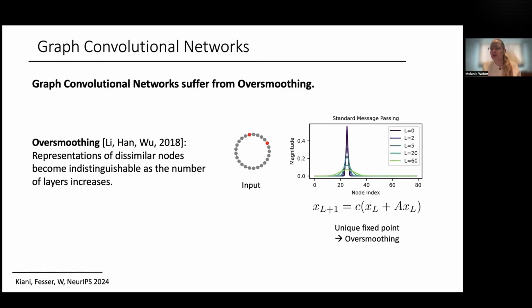Now, how does oversmoothing arise here? And we want to illustrate this on a simple toy task. So suppose our input is a ring graph. So you have n nodes, and they're connected to two neighbors each in a closed ring. And then one task that we might ask the model to learn is to say, we mark two nodes in the graph, and then tell us what is the shortest path distance between those nodes.